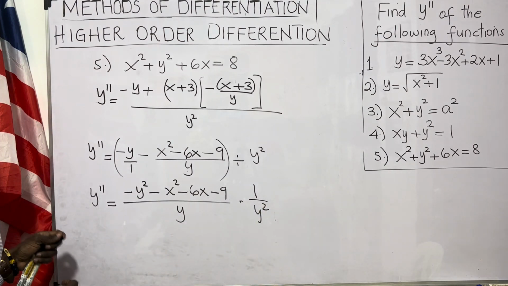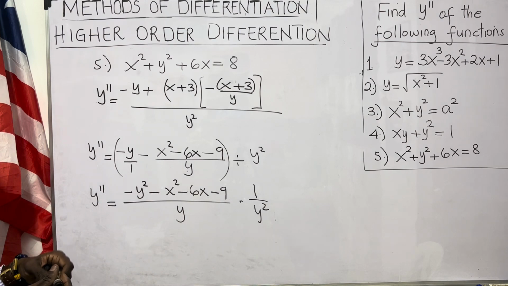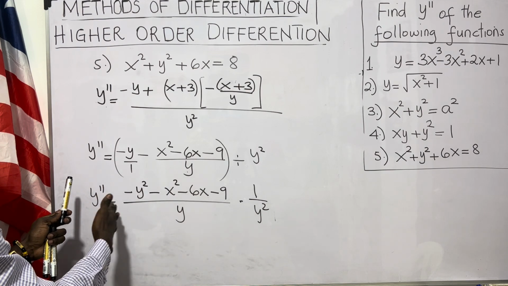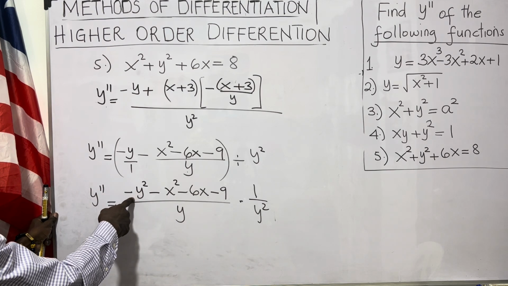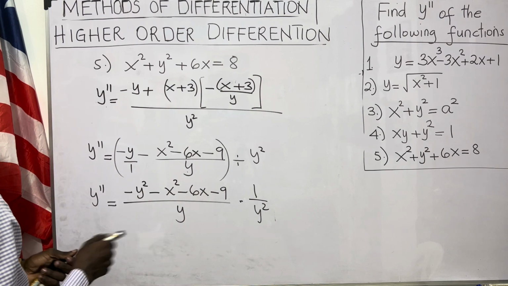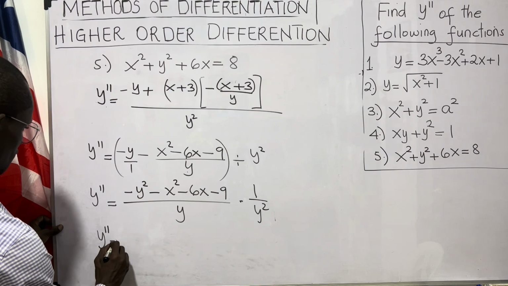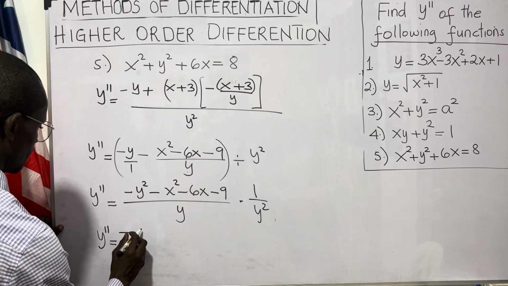So what do we do? We factor out this negative. So we factor out the negative, we have y prime prime equals, so negative is outside.